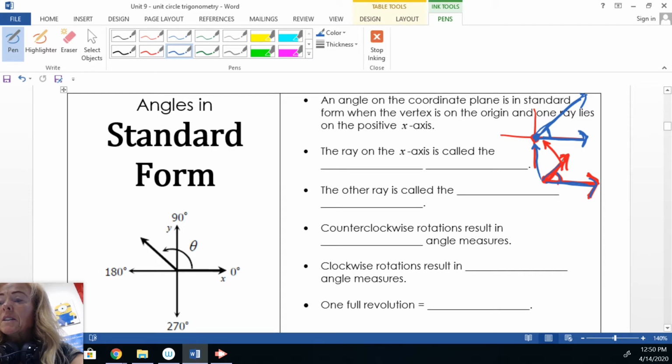That's this side right here. So we just translated the vertex to the origin, this side to the x-axis, and this side moving up however far it needs to go to accomplish the same degree measure as the original. That's what happens when we place an angle on the coordinate plane, and we call that standard form.